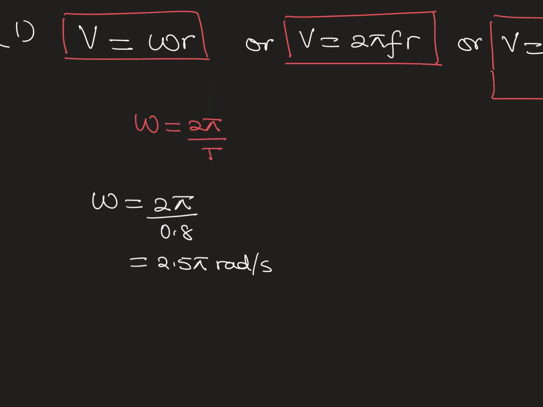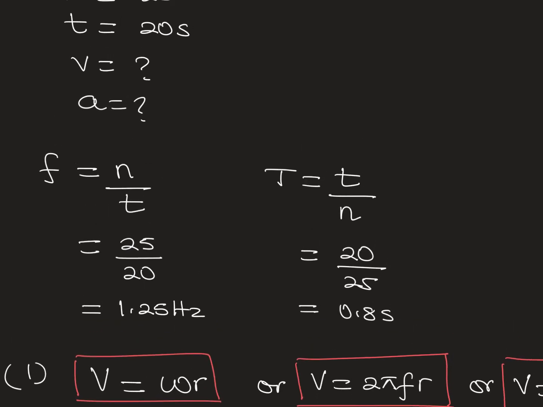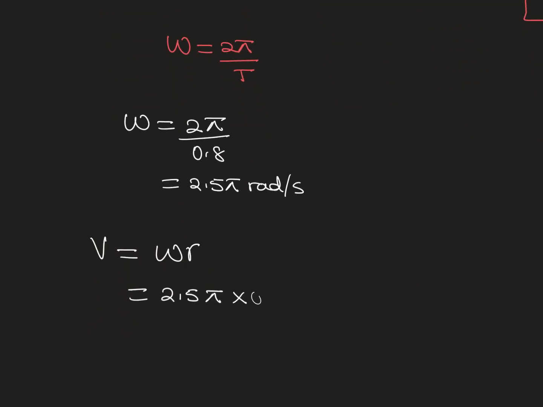With that, if I want to use the first formula, v equals omega r, the omega is 2.5 pi, multiplied by the radius 0.84. So 2.5 times 0.84 is 2.1 pi meters per second.